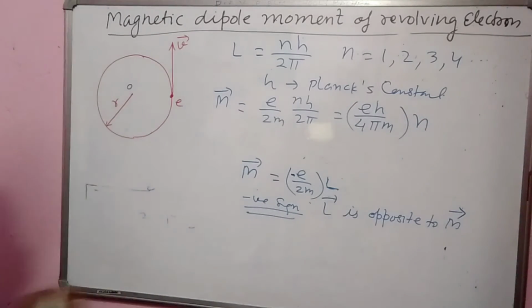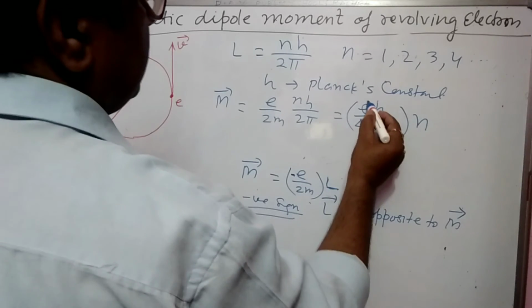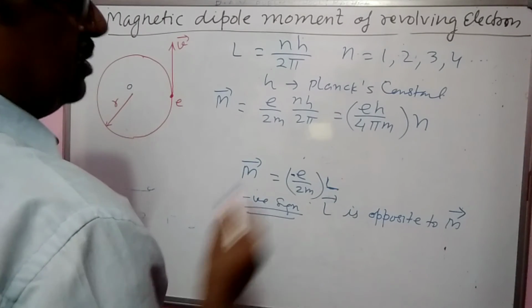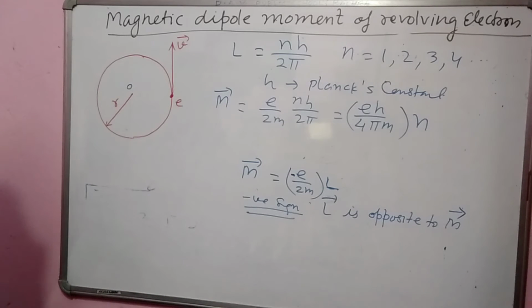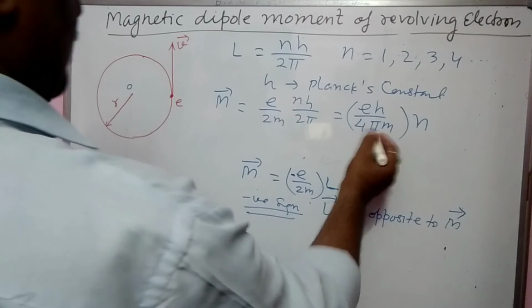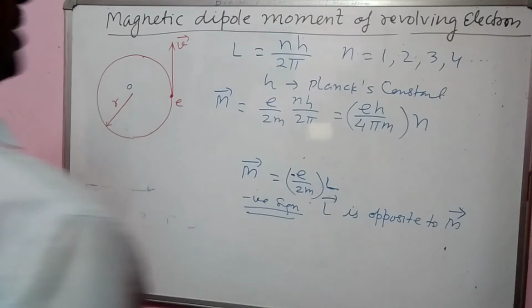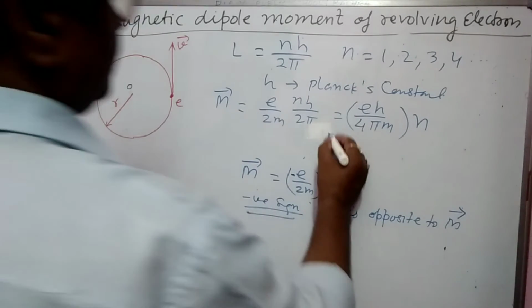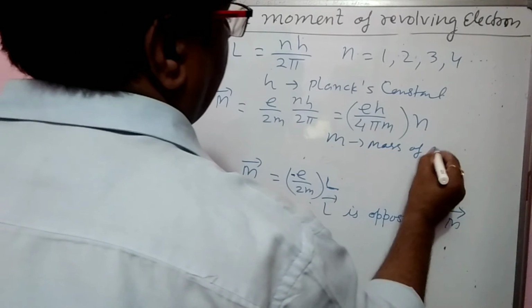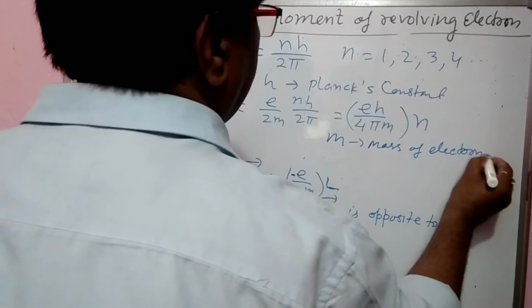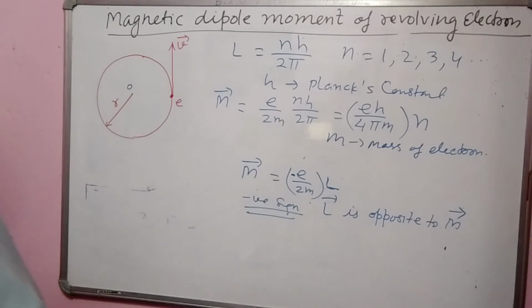We can see here this e is the charge on the electron, that is fixed. h is Planck's constant, 6.6 into 10 to the power minus 34 SI unit. 4 pi is constant. m is the mass of the electron, which is again constant.